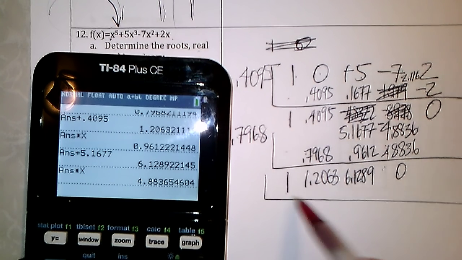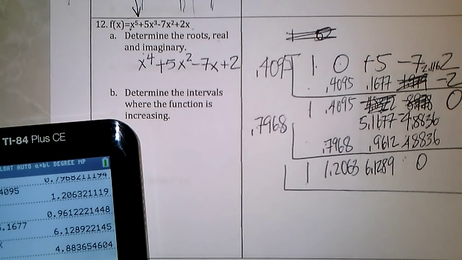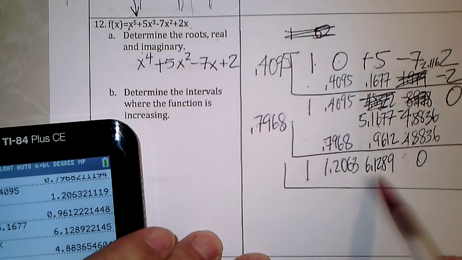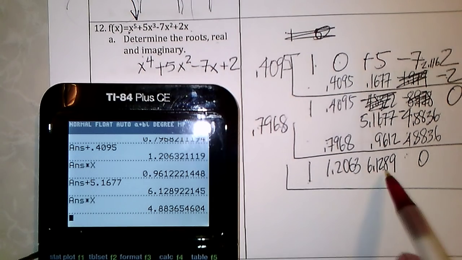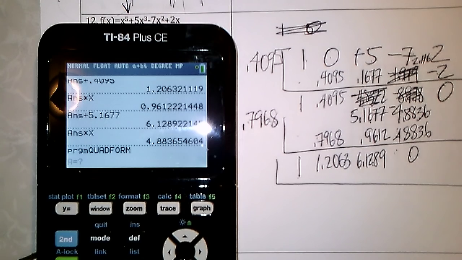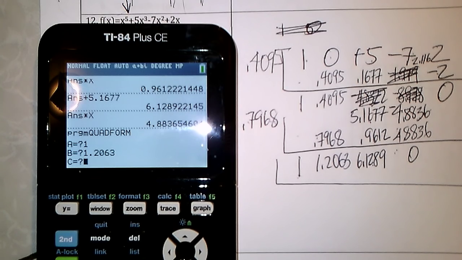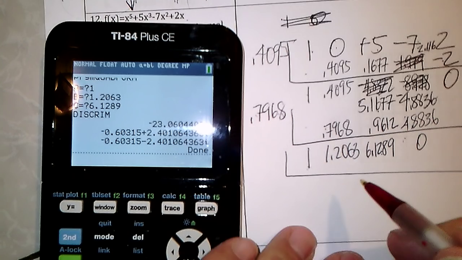And I'm left with this quadratic. Ugh. And so I'd have to put that in the quadratic formula. I will not give you this uglier one. And this quadratic will be imaginary, it looks like. So if I go to the program quadratic formula, and type in for my A, 1, B, 1.2063, and my C, 6.1289, I get imaginary ones.